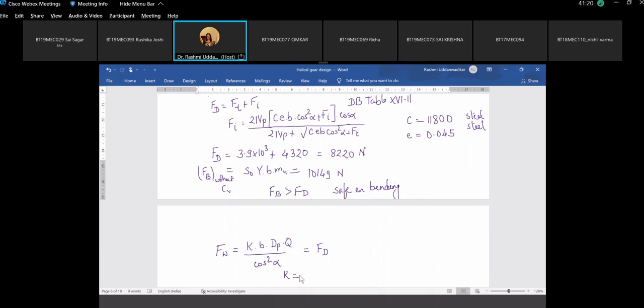Give me the value of K. This should be the minimum value of the hardness. This is the minimum value of K which must be used.